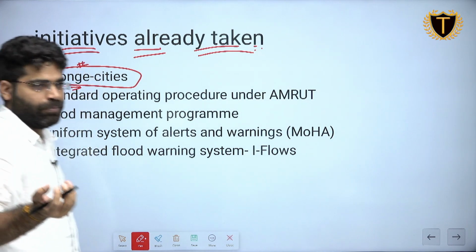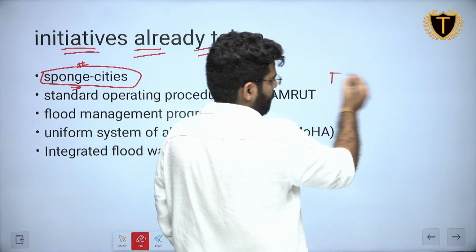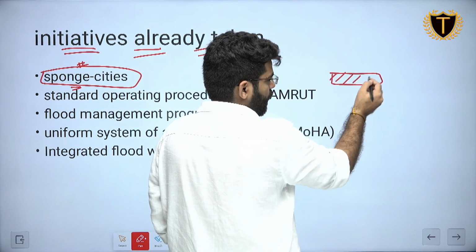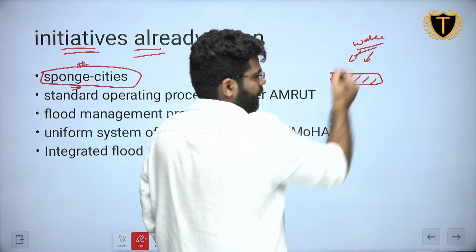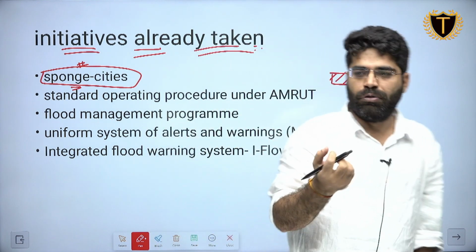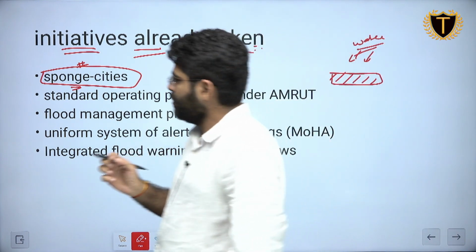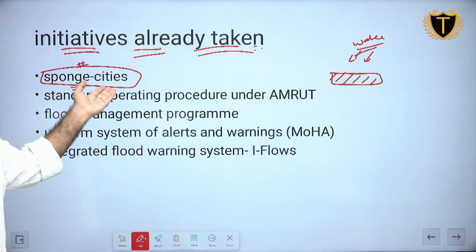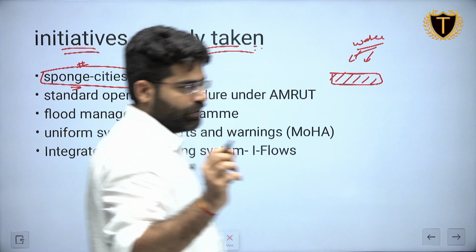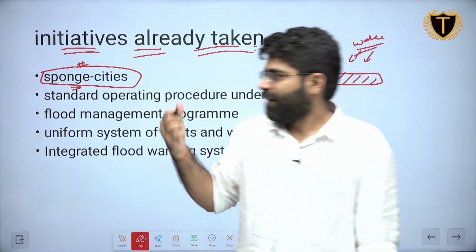What do you mean by sponge? Suppose I have a small sponge and I throw some water on it. It will absorb the complete amount of water inside. So this concept is the origin of sponge cities. Simply put, catch the water wherever it falls.